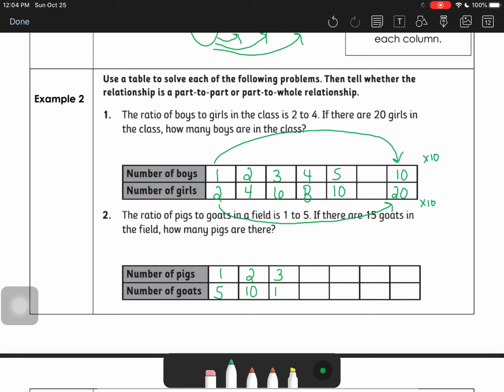And 3 times 5 is 15. And there we would have the number of goats, which we said was 15. So it says, how many pigs would there be? There would be 3 pigs. Both of these examples are part to part. We're talking about girls versus boys, or pigs and goats, part to part.